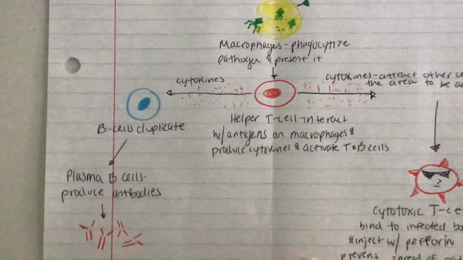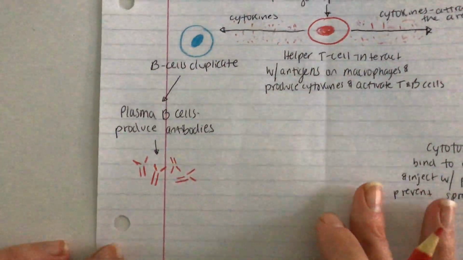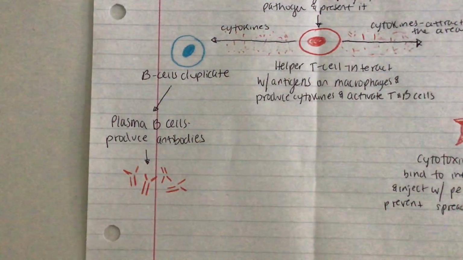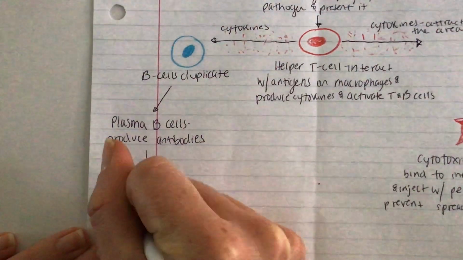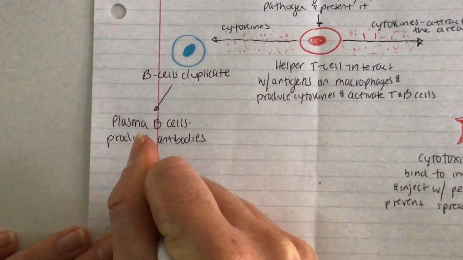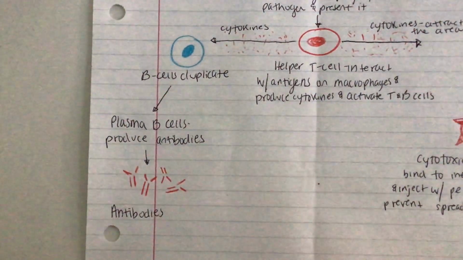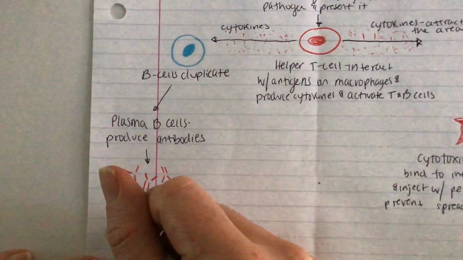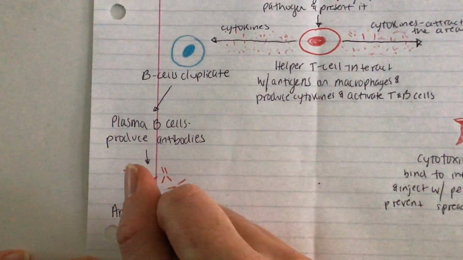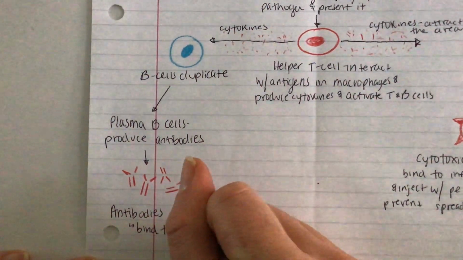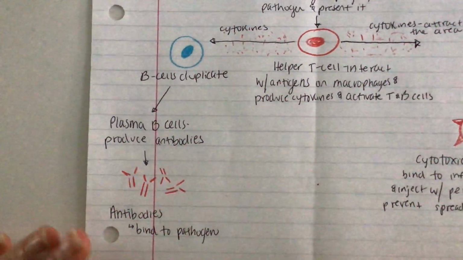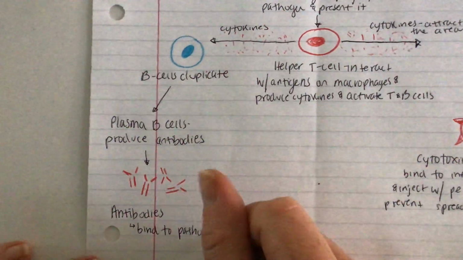Okay, so there's a couple of antibodies. And antibodies have a couple of roles themselves. Antibodies are going to, number one, bind to the pathogen in the extracellular fluid and prevent it from moving.